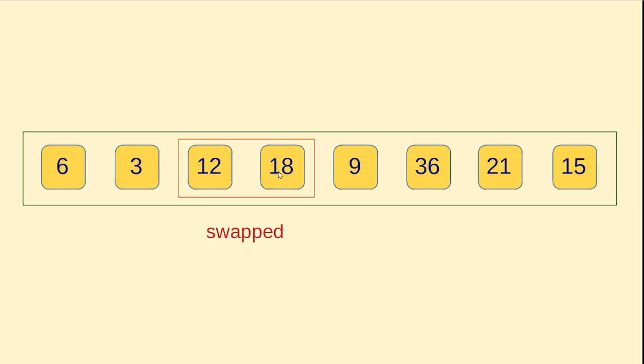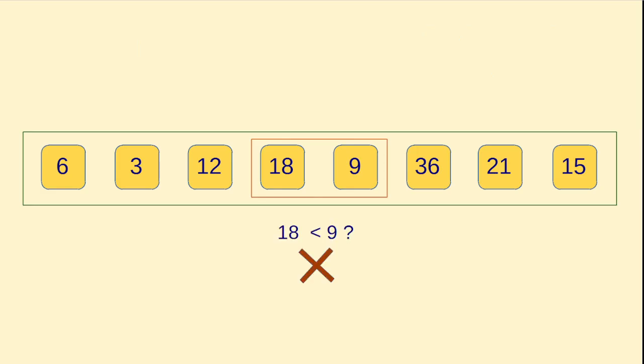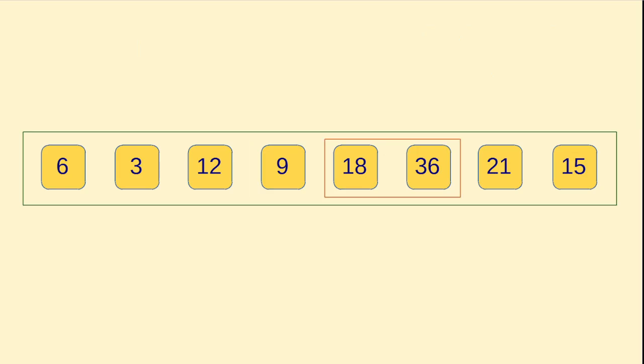Then our attention moves to the next pair, 18 and 9, and again we compare, which is false again. 18 is not smaller than 9, and we make a decision to swap. After swapping, 18 comes after 9, and attention moves on to the next pair.